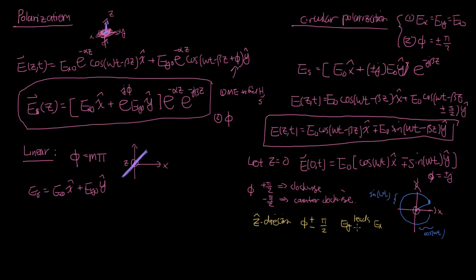If it's minus pi half, that means it lags EX, which means that the phasor ends up going, in the case of EY leading EX, clockwise. If it's lagging EX, then it's counterclockwise.